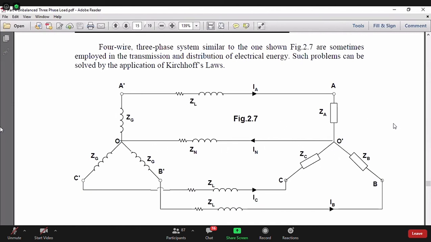And the problem is, in the neutral, we always have a different impedance. Why? Because the neutral wire configuration is different from the line wire. First of all, the dimension is not the same, etc. So this line impedance ZL is the same for IA, IB and IC, but it is different for neutral. So we write ZN.